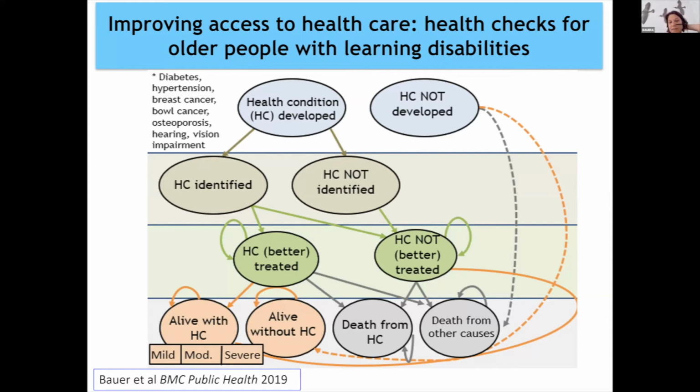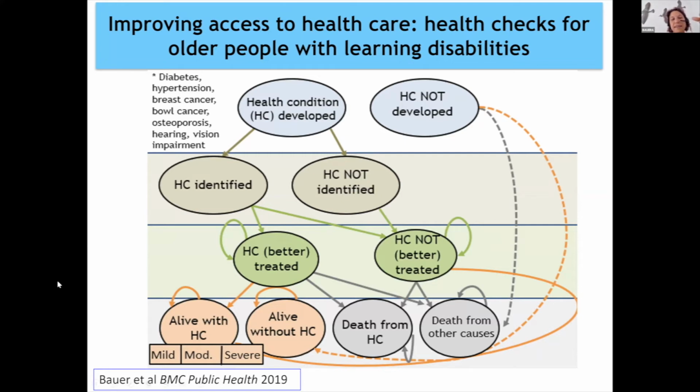They could either develop a health condition or not. And if they develop a condition, they could either be identified or not identified. And if they're identified, they could get treatment, and in some cases they already received treatment but would get better treatment because of the annual health check, or they could not get that treatment.